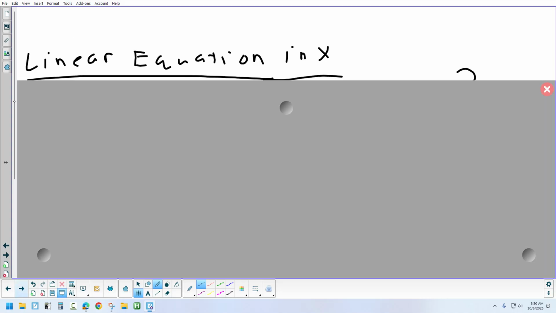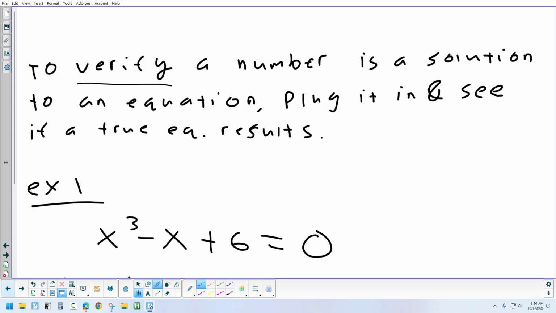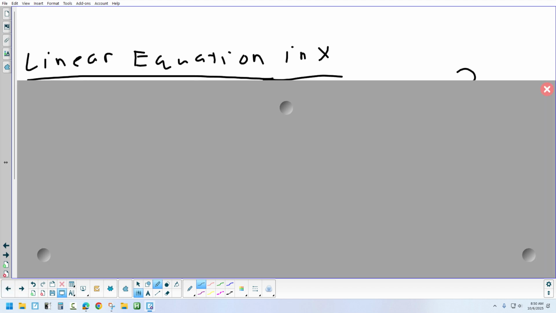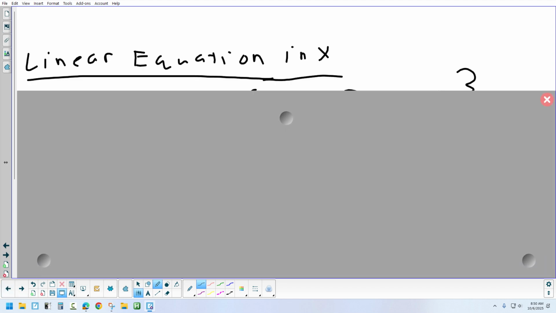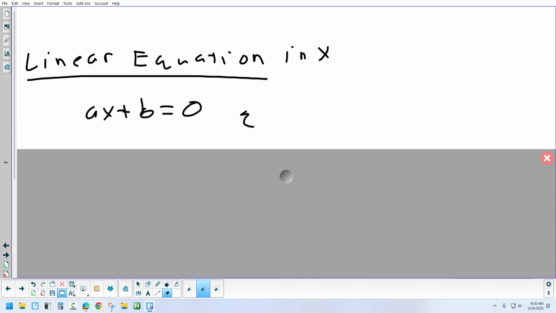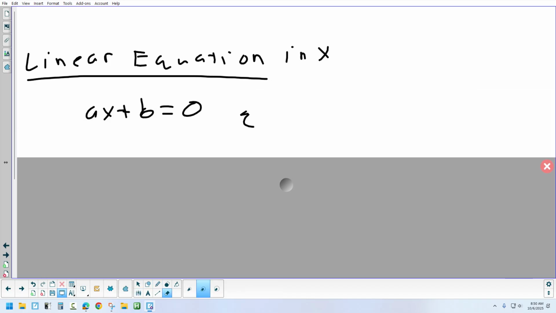Okay. So now, that was a cubic. Okay, we're not going to jump into solving ones like that right away. We're going to start with linear. So that's a linear equation: anything that can be written in the form ax plus b equals 0. Okay, that's a linear equation.